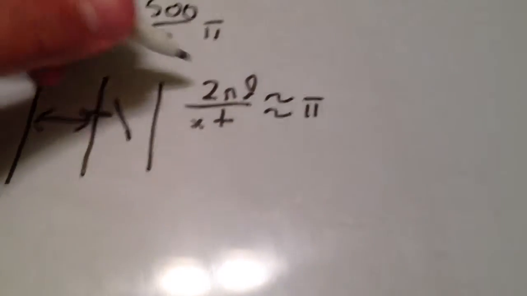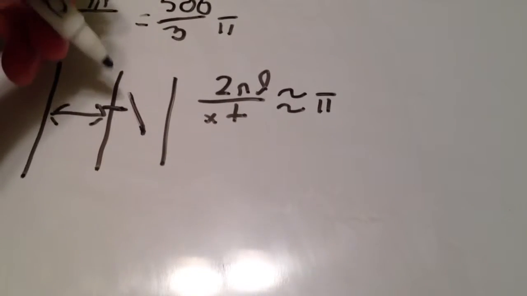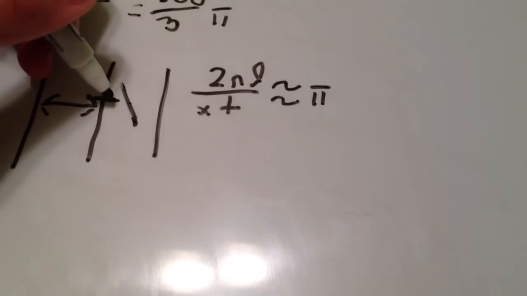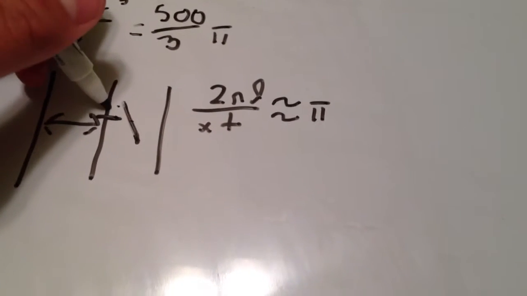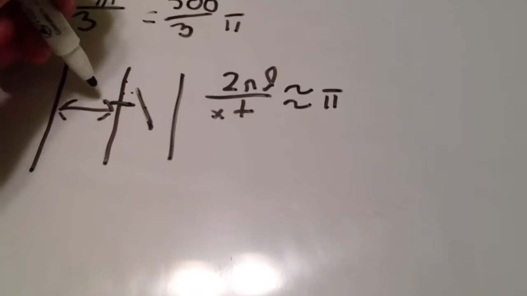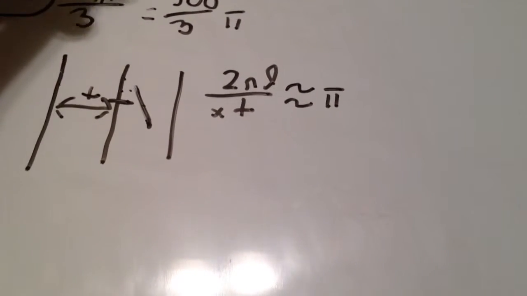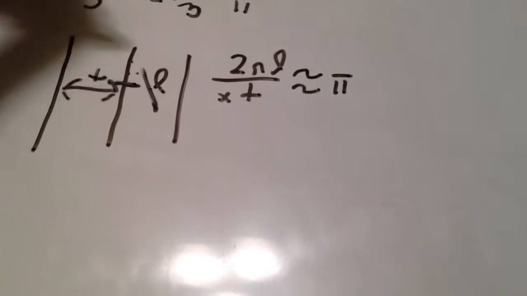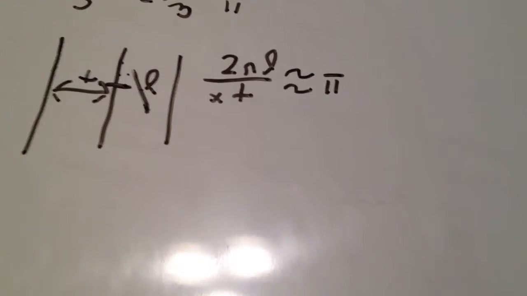So, n is the amount of times that you're going to be dropping this needle. X is the amount of times that this needle will cross one of these parallel lines. T is the distance between these parallel lines, and L is the length of the said needle.